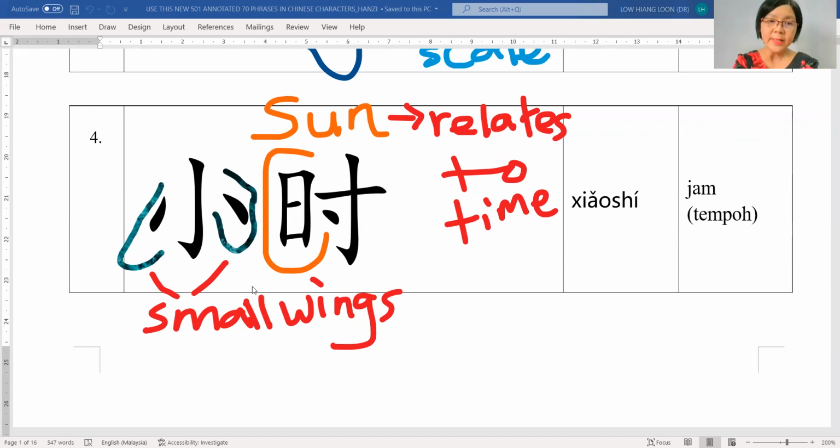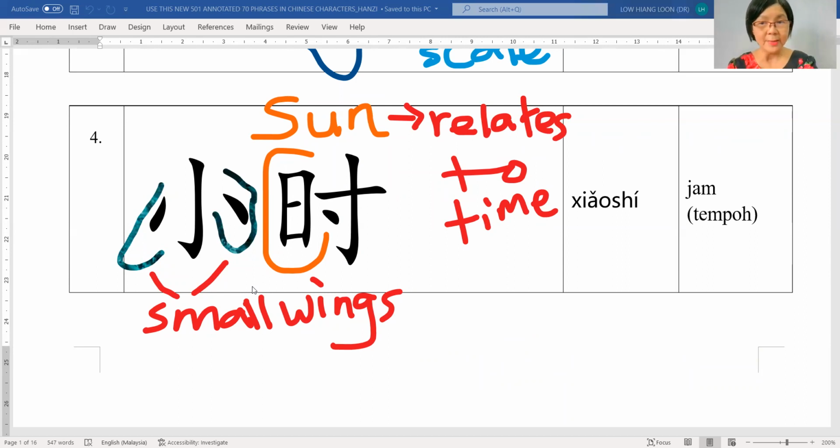If you see the radical of people, that character is related to people. For example, 你, for example, 他. And when you see the lady radical, then you know that that character is related to lady.